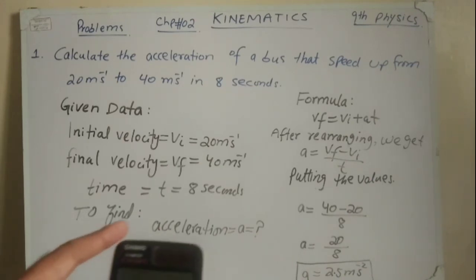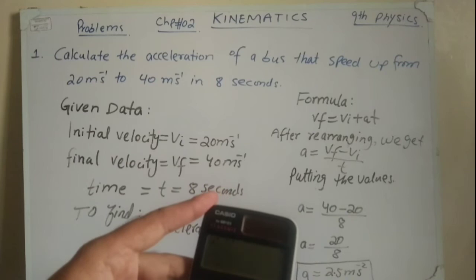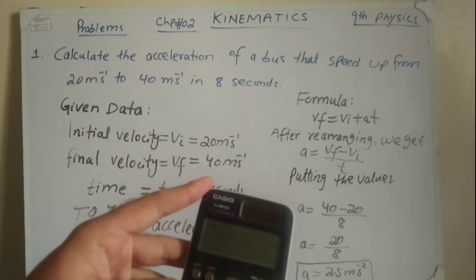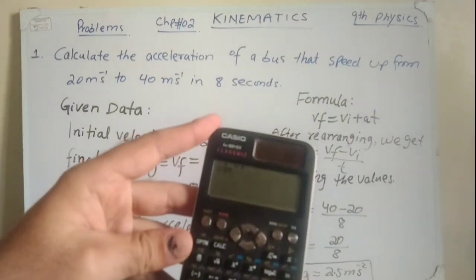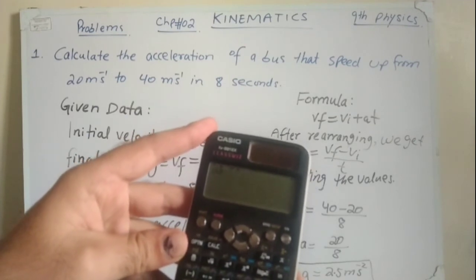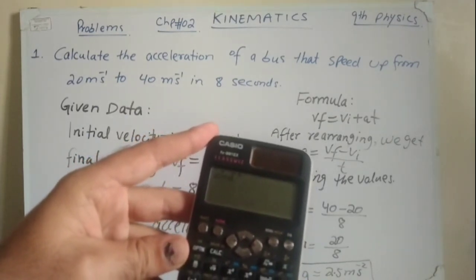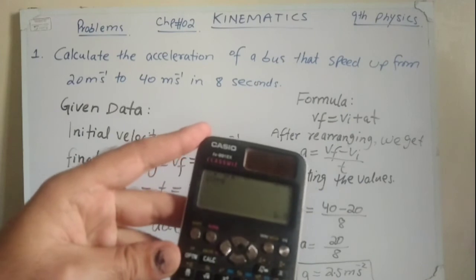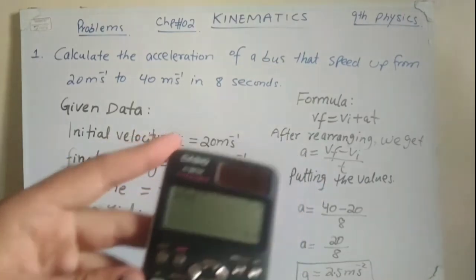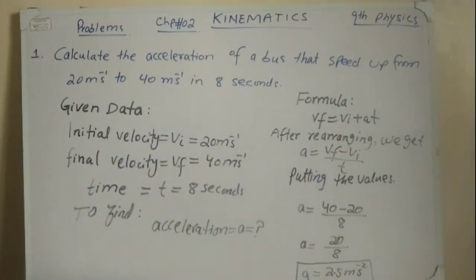So let me do it in the calculator for you. When we divide 20 upon 8 this way, we get the value 2.5. So this is the ultimate answer, that is our required result.